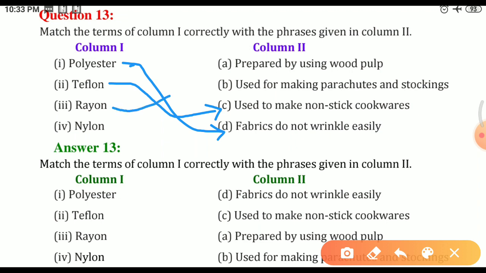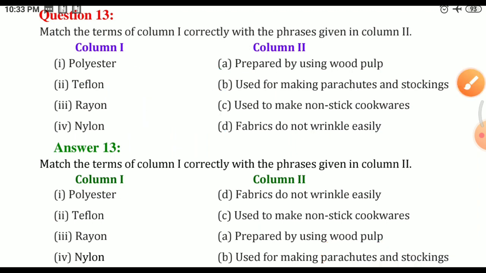So here third we can match with A. It is prepared from wood pulp. Then nylon is the strongest fiber, so it is used for making parachutes and stockings. That all are matched with them.